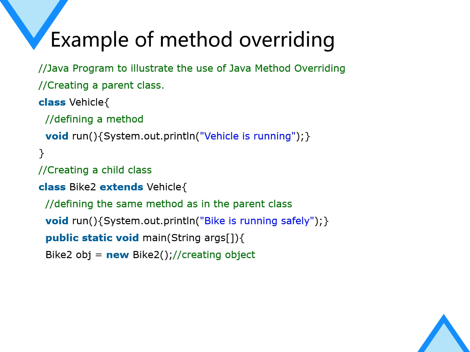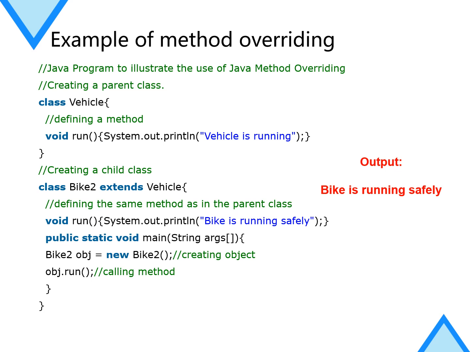We have the main method and we are creating one object with the name obj, and through the object we are calling the run method. It will call the implementation of the subclass, so we will get the message "Bike is running safely."